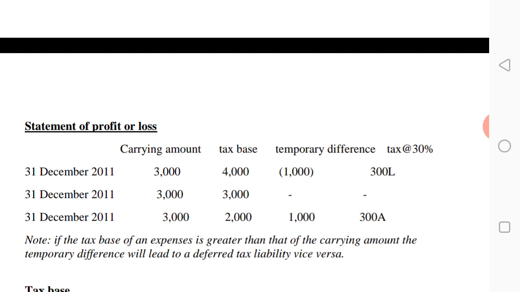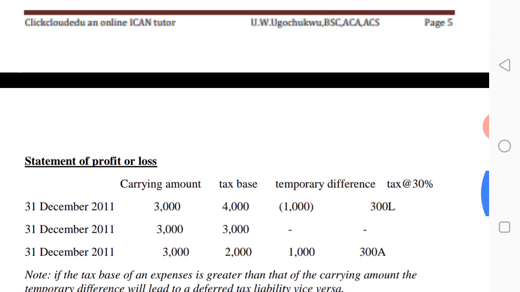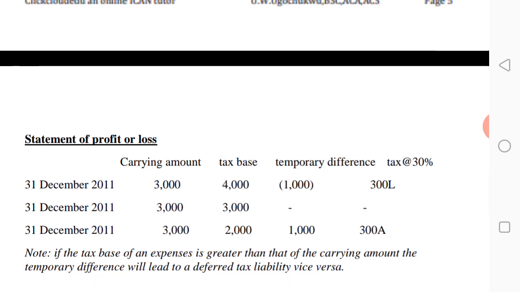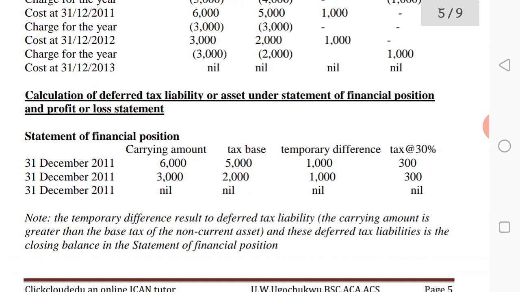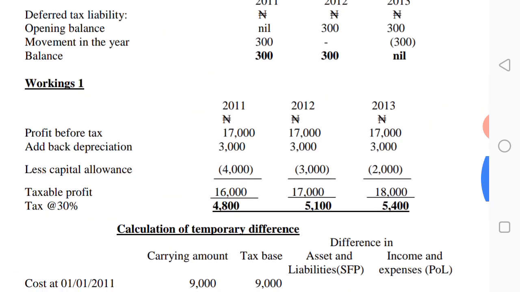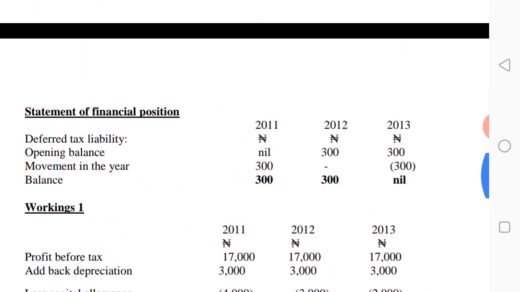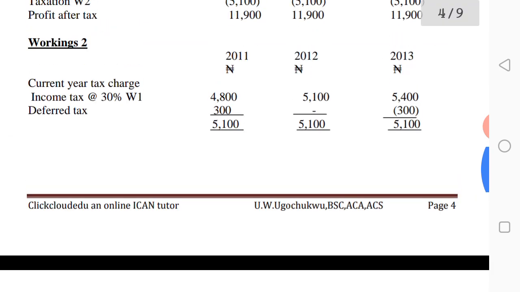When you have a deferred tax asset, you will credit your tax account in the profit or loss, and then debit your deferred tax asset in our financial position. This is always a non-current asset and non-current liability. So that is how we have our deferred tax.